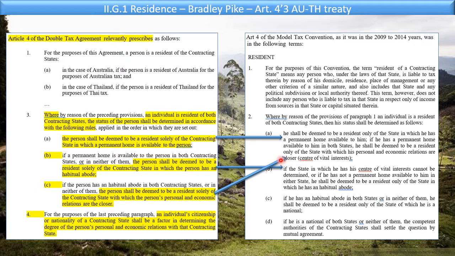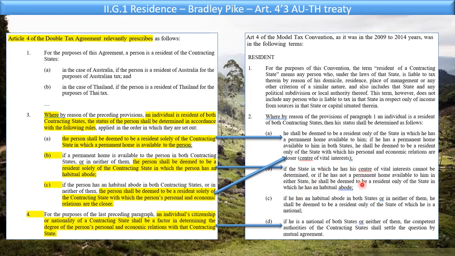And that is actually found in the OECD model as part of paragraph A. So there are two tests in paragraph A. A, do you have a permanent home? If you don't have a permanent home, he shall be deemed to be a resident only of the state with which his personal and economic relations are closer, in other words, his center of vital interest. And then in the OECD, you go to habitual abode, as we then talked about.